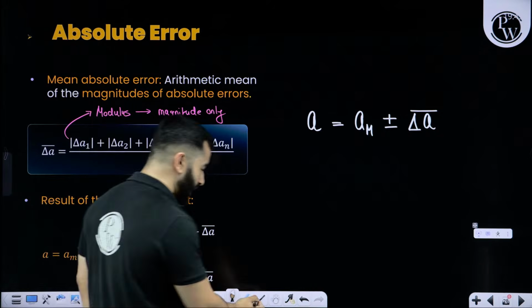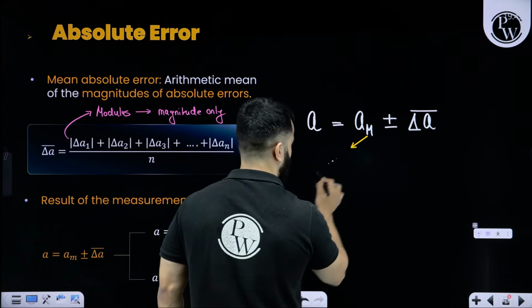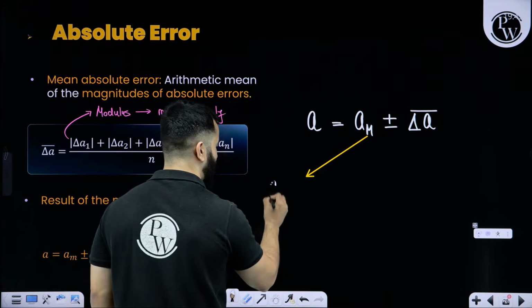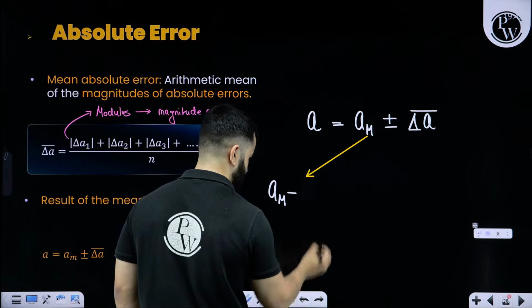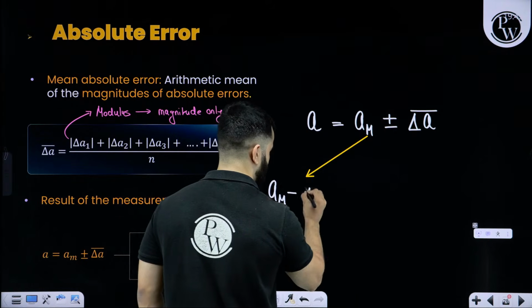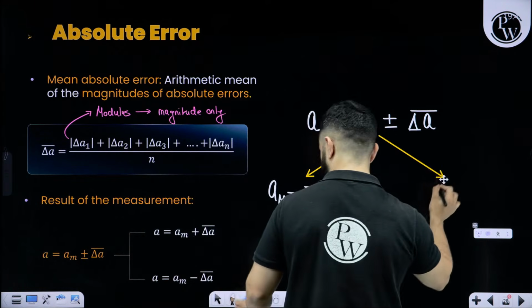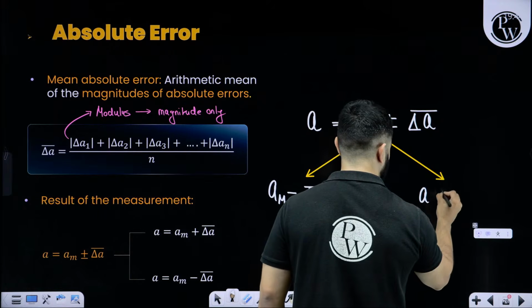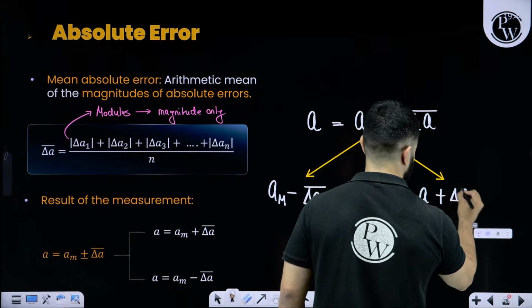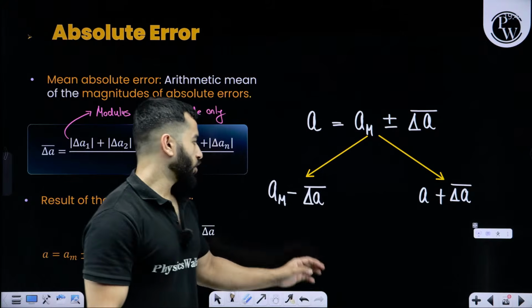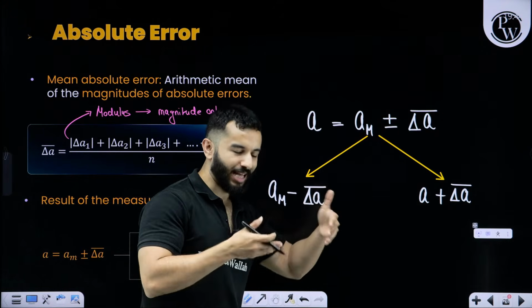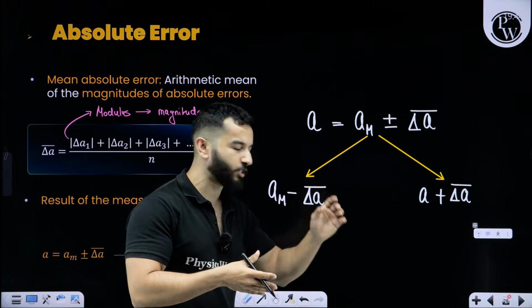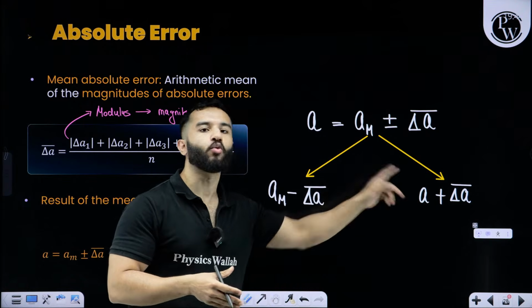So it will have a range. The minimum value can be A minus delta A bar, and the maximum could be A plus delta A bar. So your answers are going to be in between these two values.